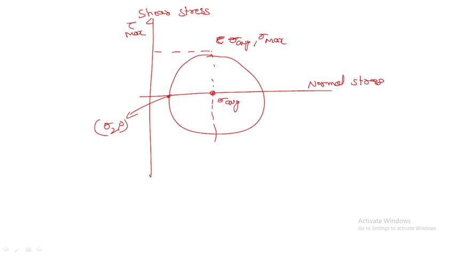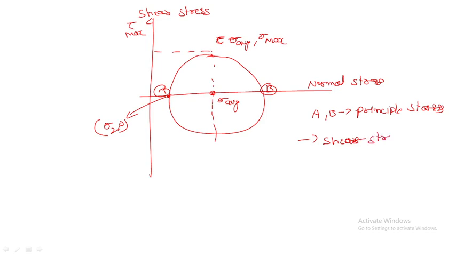Okay, so now I will give the point names. This is A and this is B. A and B are the what? Principal stresses. A comma B are principal stresses. So shear stress at this point is equal to 0.